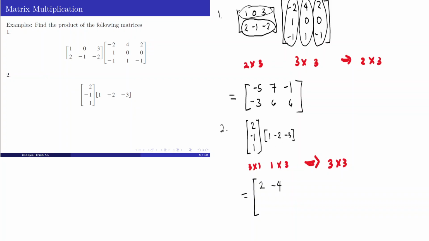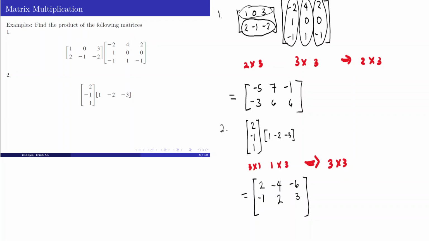So that's negative 4. And then this row multiplied by the third column. So we have negative 6. Next, for the second row, we multiply the second row here by this one. So that's negative 1. The next, we multiply this negative 1 by negative 2. So that's positive 2. Negative 1 times negative 3. So that's positive 3.